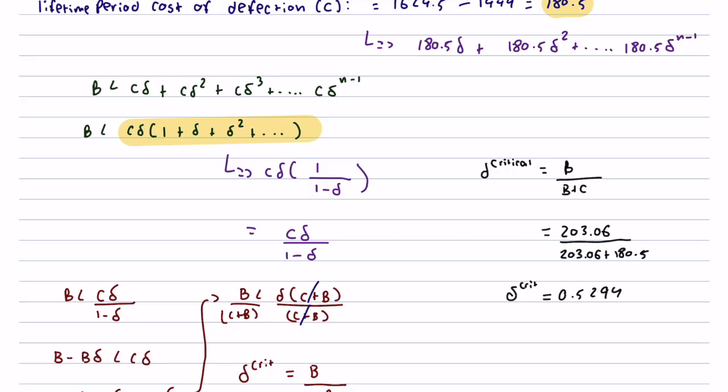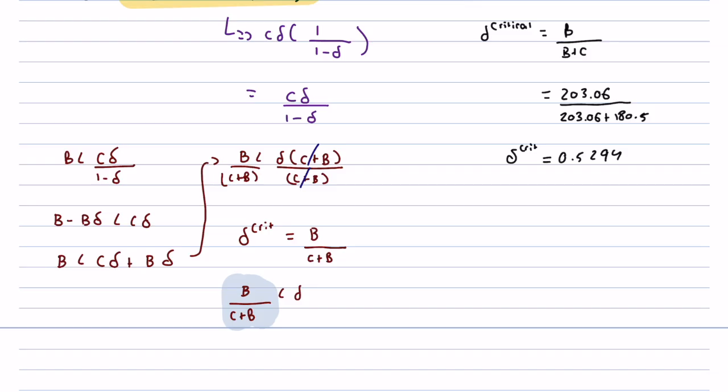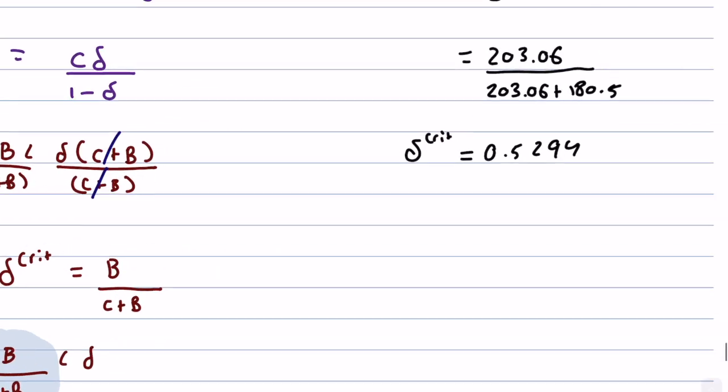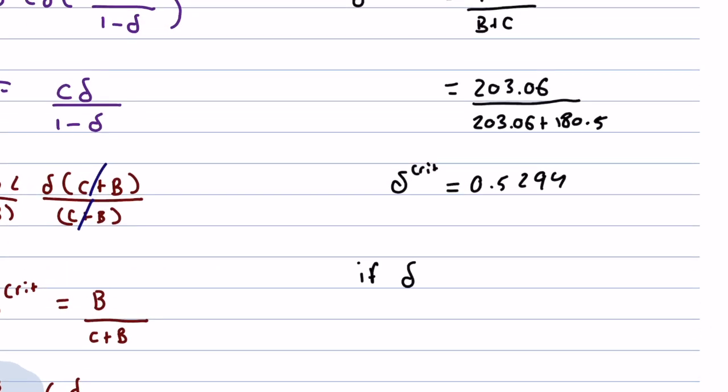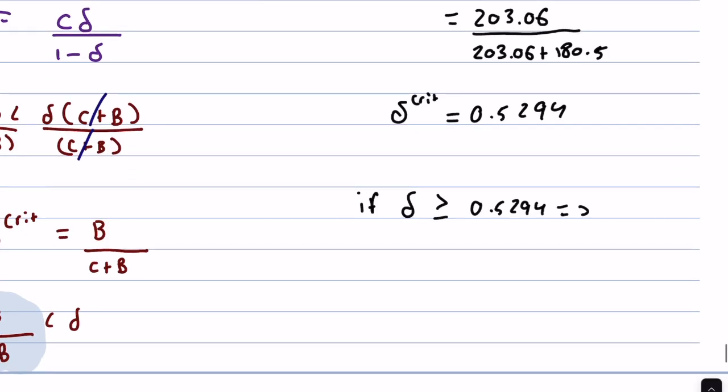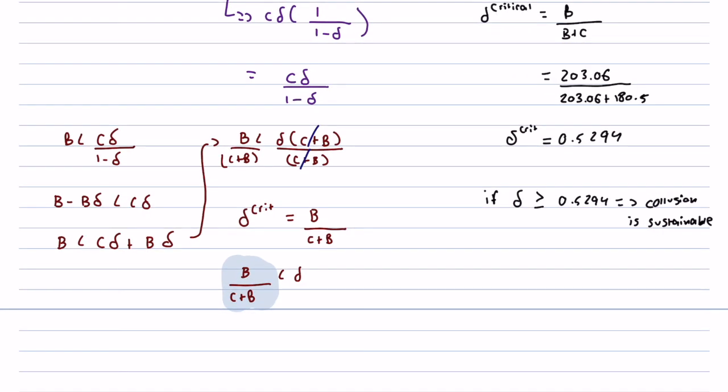Our critical discount value is 0.5294. Now, how are we going to use this to solve the question? Well, if the discount value is equal to or greater than 0.5294, collusion is sustainable and the firms will not want to defect because the cost is too high. And that's how we solve the question.